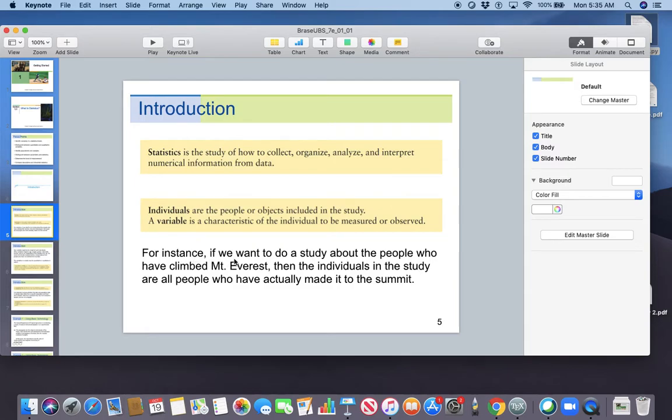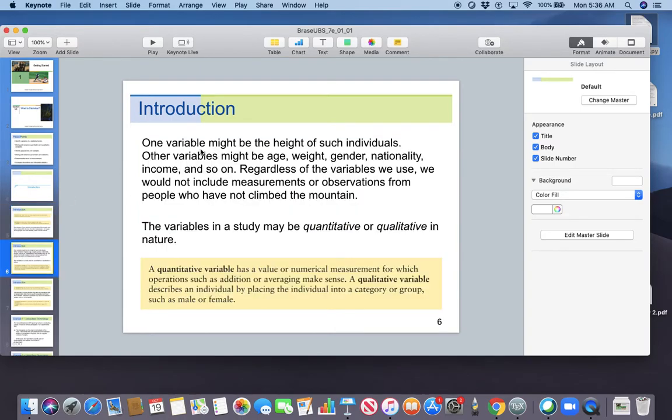For instance, if we want to do a study about the people who have climbed Mount Everest, then the individuals in the study are all the people who have actually made it to the summit. So you want to study people, your individuals are the people. One variable might be the height of such individuals.